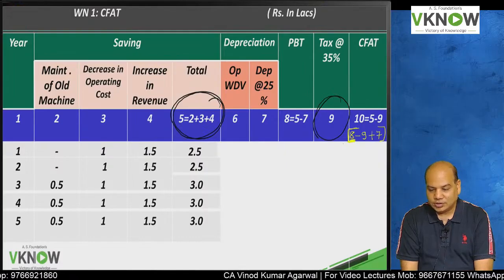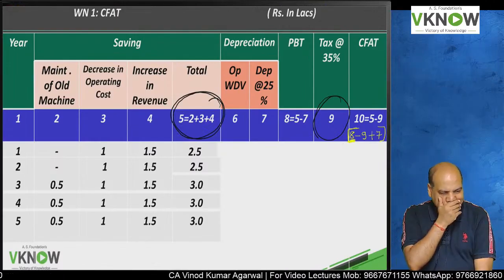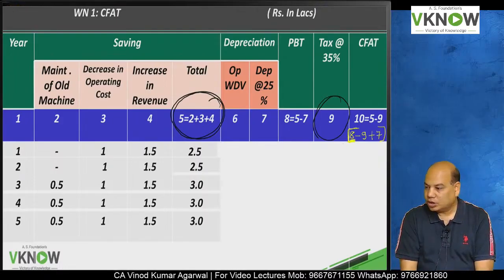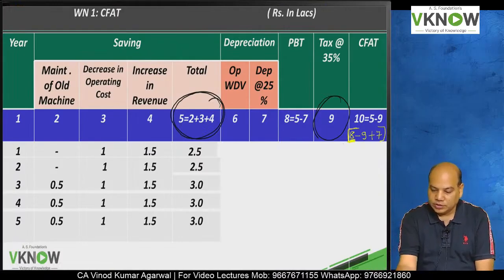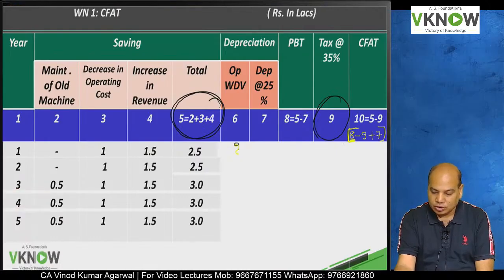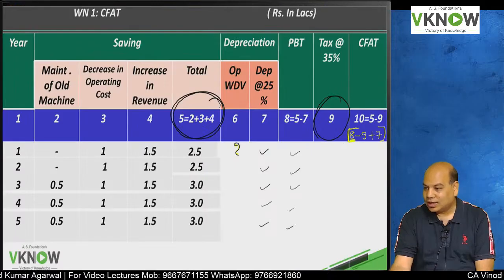Now my question is, how much will you write as opening WDV? Please reply. Because if the first number is wrong, then all depreciation will be wrong, all PBT will be wrong, all tax will be wrong.